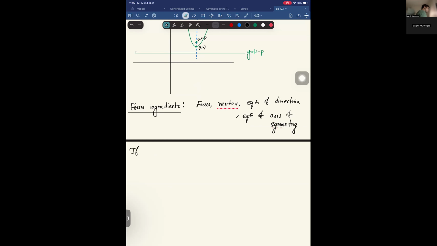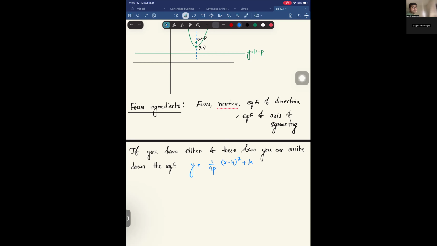If you have either of these two, you can write down the equation, and the equation would be, say, y equals to 1 over 4p x minus h whole squared plus k, right? And you can go around.